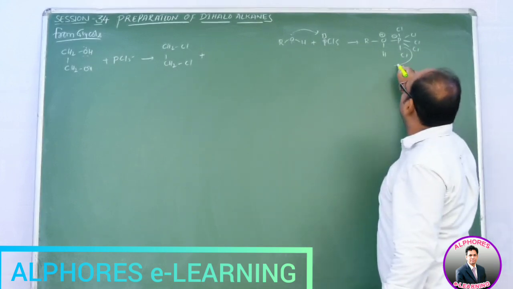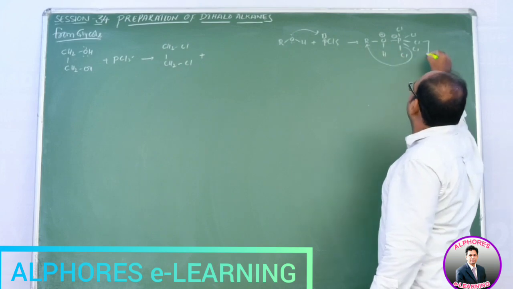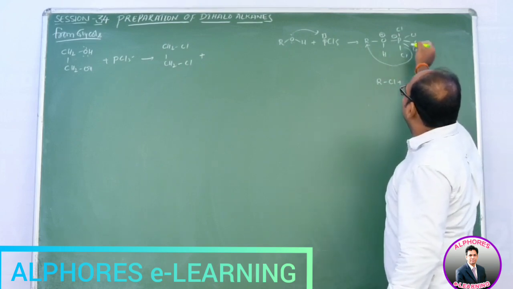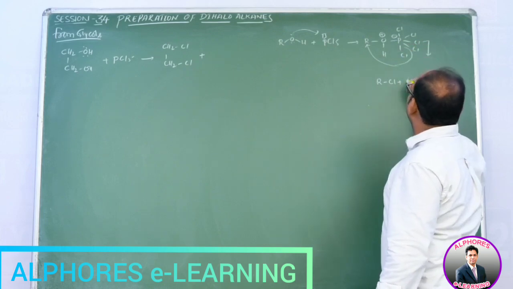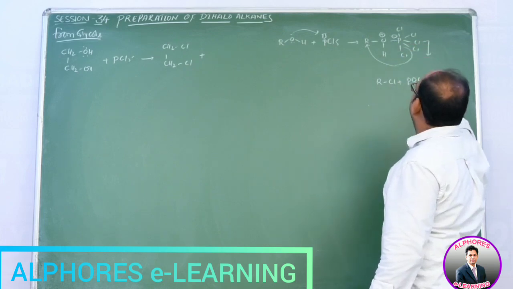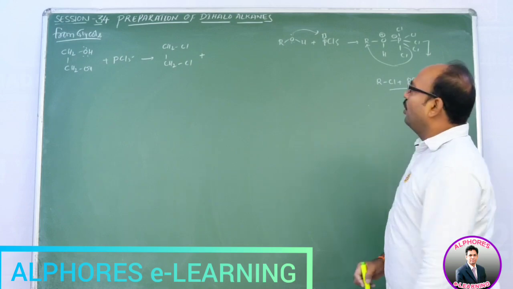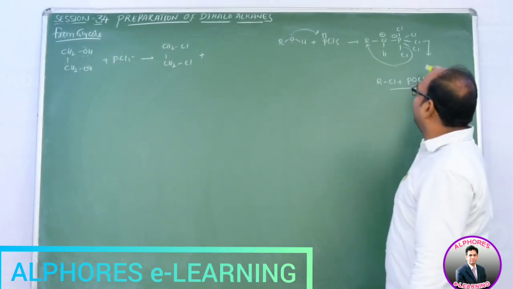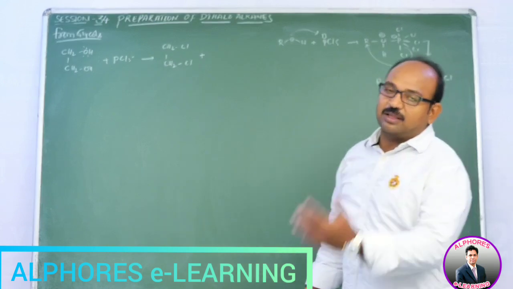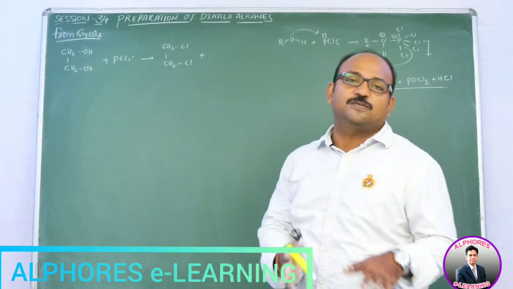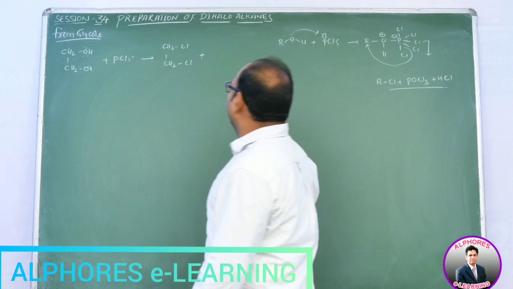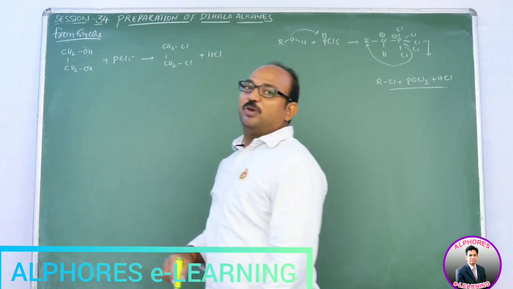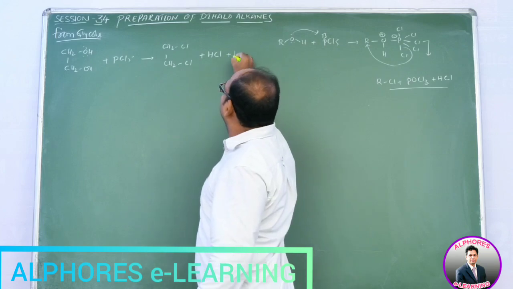This Cl minus comes out and attacks the alkyl group. Then we get RCl, HCl and POCl3. This POCl3 further reacts with alcohols, and we get a phosphoric acid derivative, along with HCl and POCl3.